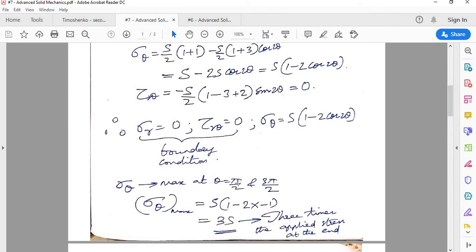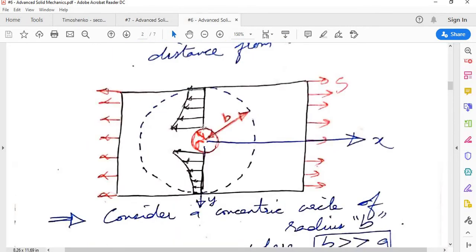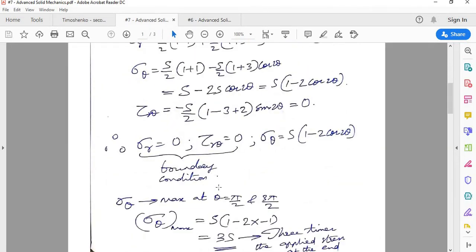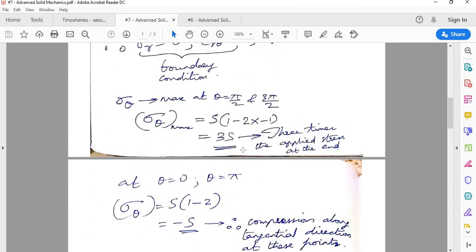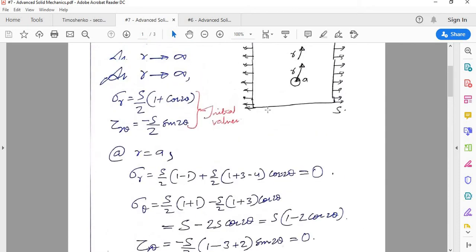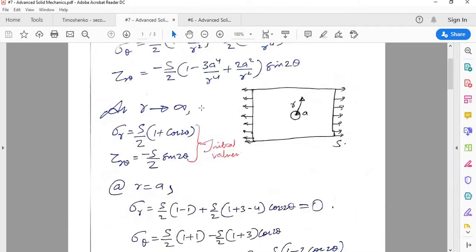So it means due to the presence of the hole, at the hole boundary, the maximum stress is 3 times the external stress. That will be sigma theta max, and this 3 times s you will get when you substitute theta equal to pi by 2 as well as 3 pi by 2, so at 90 as well as 270.